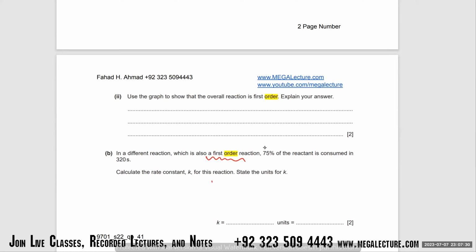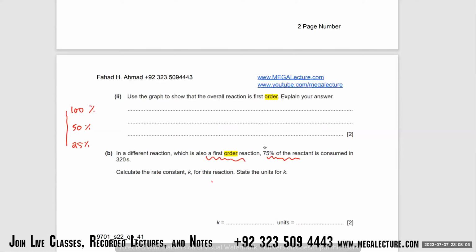How many half-lives is this? Is it 2? If I start off with 100%, in the first half-life it's going to decrease to 50%, and then it's going to become half again. So the second half-life is that it's going to decrease to 25%. So in two half-lives, 75% of the reactant gets consumed.